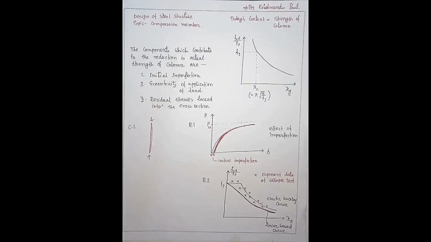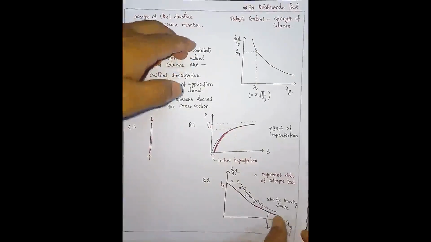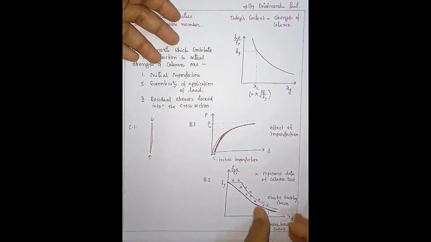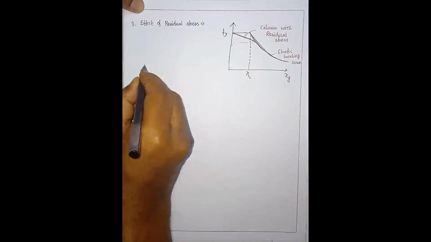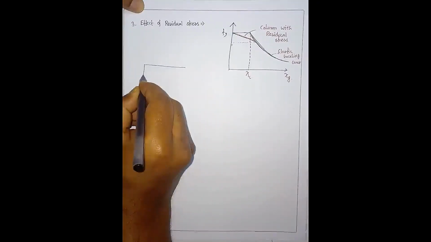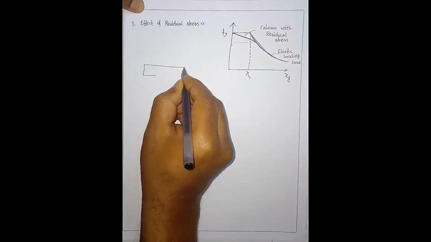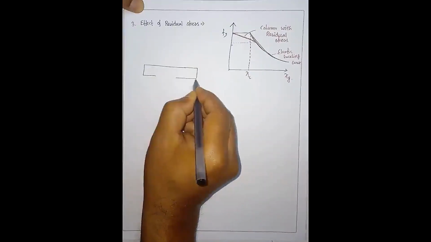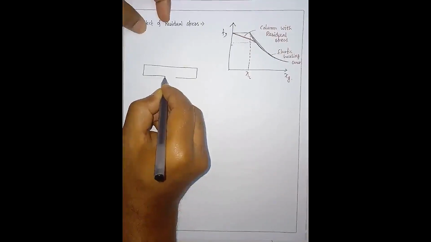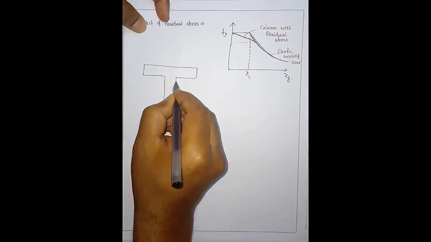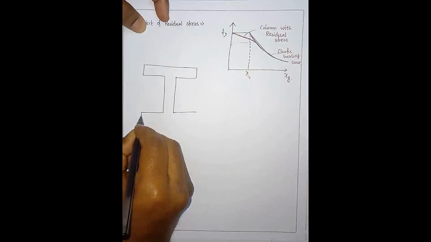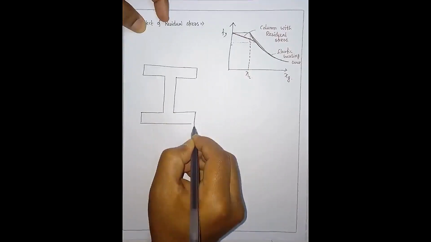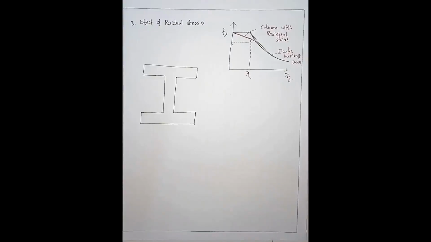Suppose let me draw a figure. Suppose this is a standard I section, and this is produced in the factories.